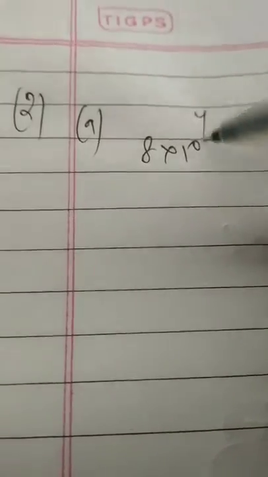Children, in question number 2, it's already given in expanded form. So what we need to do is just find the actual number. So 8 into 10 to the power 4 plus 6 into 10 to the power 3 plus 0 into 10 to the power 2 plus 4 into 10 to the power 1 plus 5 into 10 to the power 0.